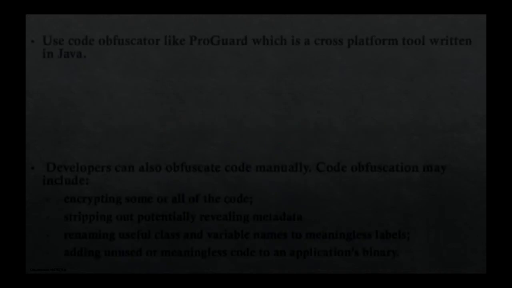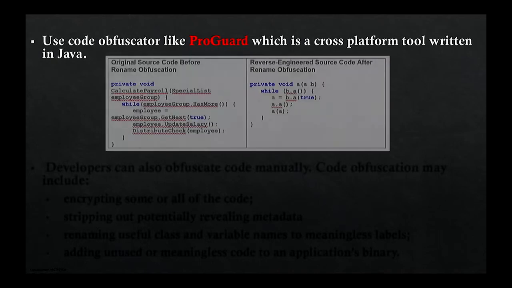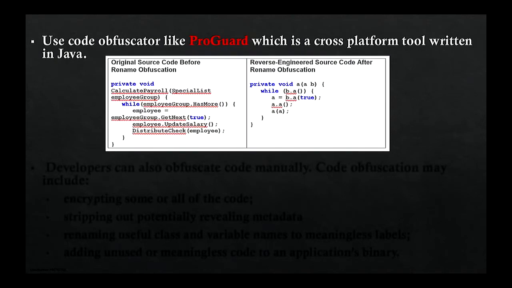So the last section that I have in my talk is how to secure your application from reverse engineering and how to make our life harder. For that, there is a tool called ProGuard. ProGuard helps you obfuscate the code that you're writing. What that means is, for example, you've got your actual source code on the left, and when you run that through ProGuard, it creates code on the right-hand side that doesn't make any sense.